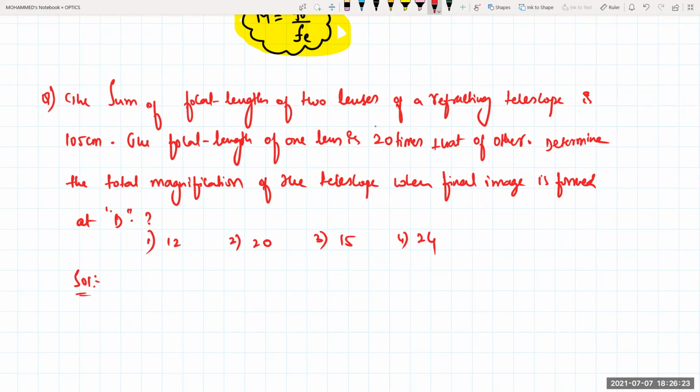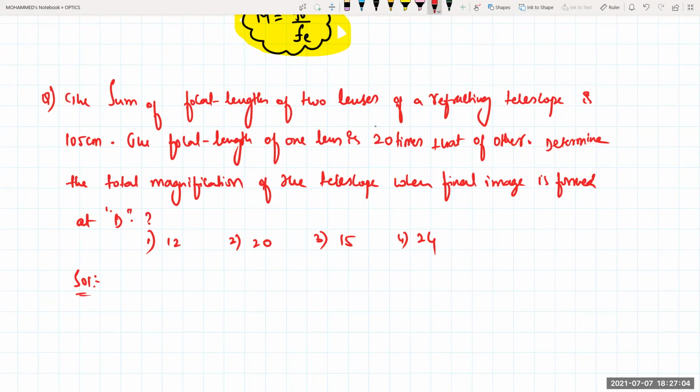First write the data. We can take F naught plus FE is equal to 105, right, sir?